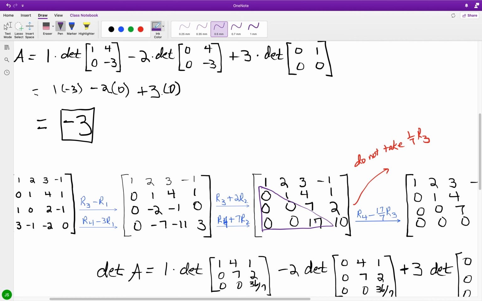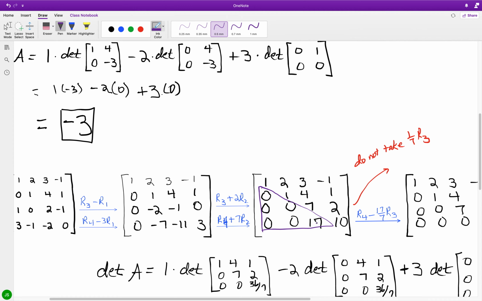And so if we put what we have in echelon form and make this 17 into a 0, what we'll do here is take R4 minus 17/7 of the third row elements.